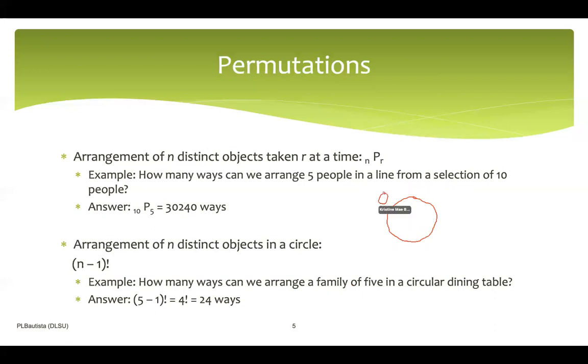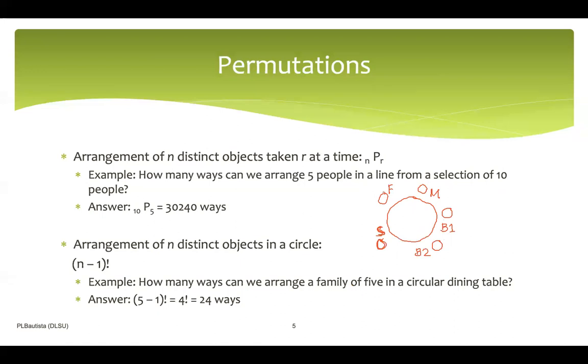So you will have 5 seats. And let's say you place father over here, mother over here, brother 1 over here, brother 2 over here, and sister. Okay. Let's say this is one possible permutation.